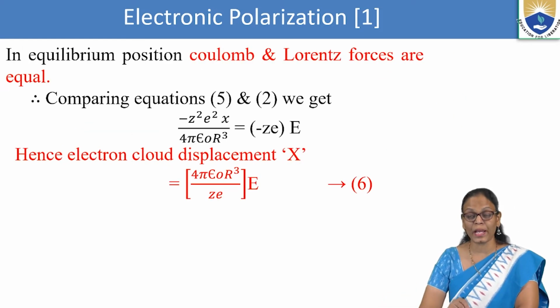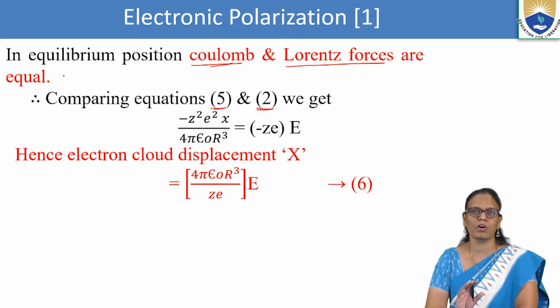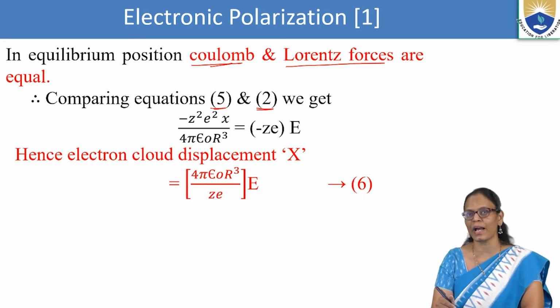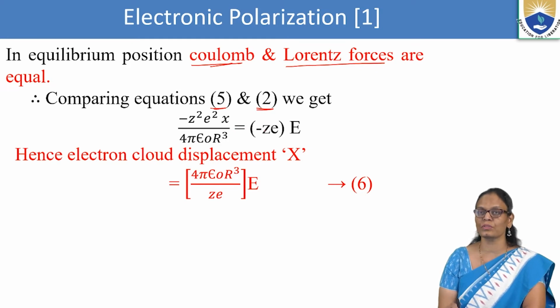Now we are going to compare equations 5 and 2. So what are the equations 5 and 2? In equation 2 we have written the Lorentz force, and in 5 we have written the Coulomb force, because in the equilibrium position the Coulomb and the Lorentz forces will be equal. So we are going to equate these two equations 5 and 2. So what is 5? Minus Z square e square x by 4 pi epsilon naught r cube, and this should be equal to the Lorentz force, Q into E, so minus Ze into E. So now from this equation I have to write the displacement.